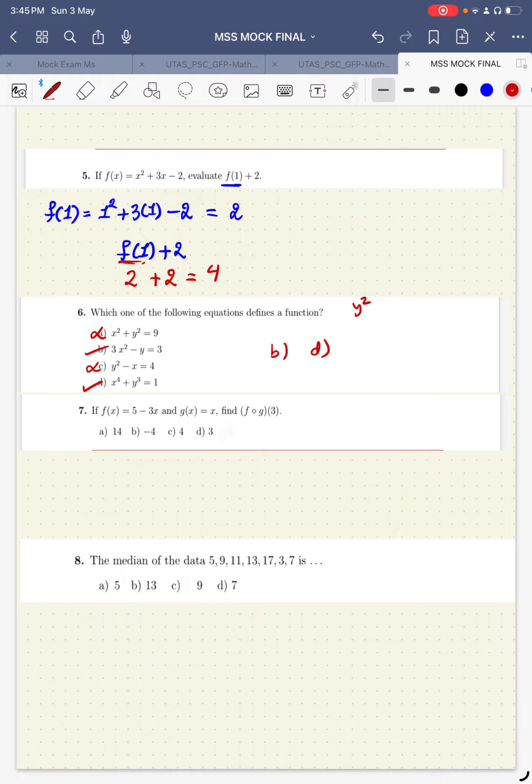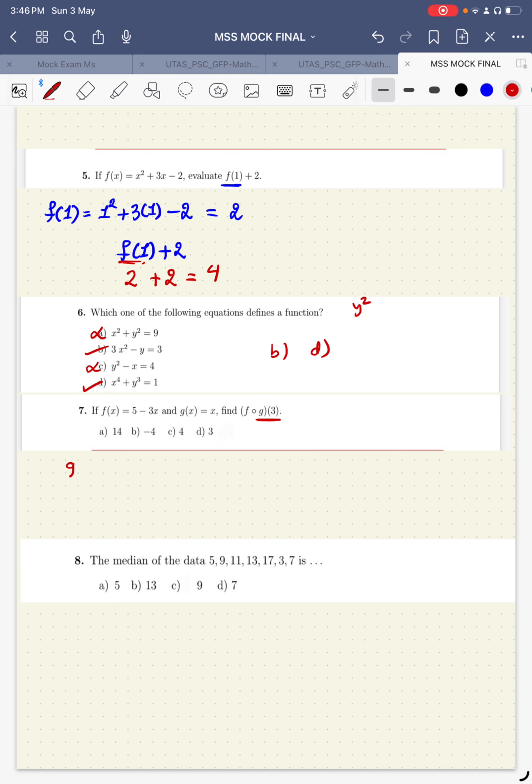Now let's go to number 7. If f of x equals 5 minus 3x and g of x equals x, find f of g of 3. So remember, that's a composition of functions, where I have two functions, an inside function and an outside function. To solve this question, first we're going to calculate the inside function.